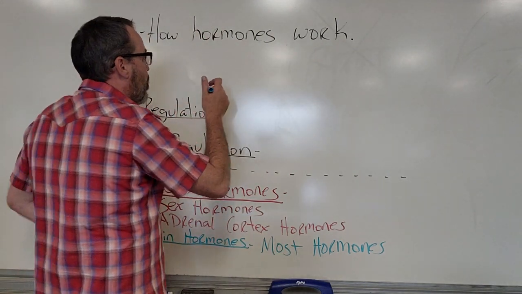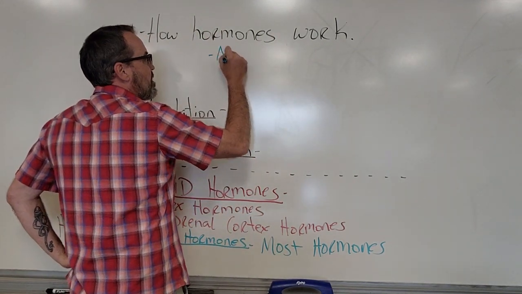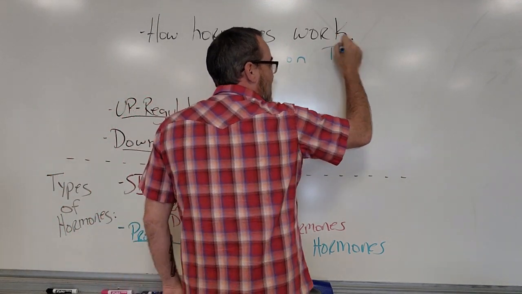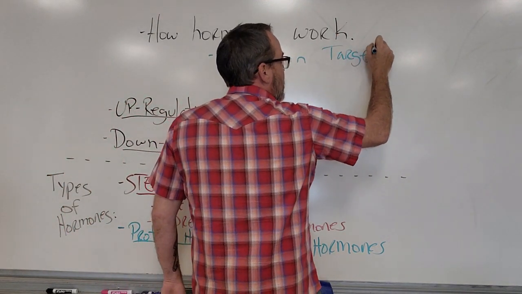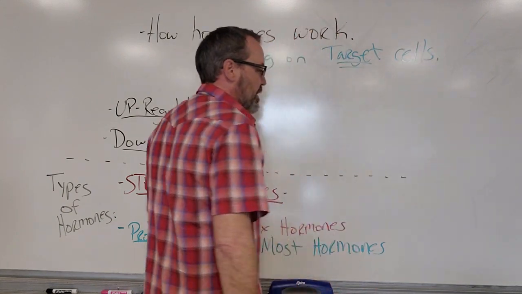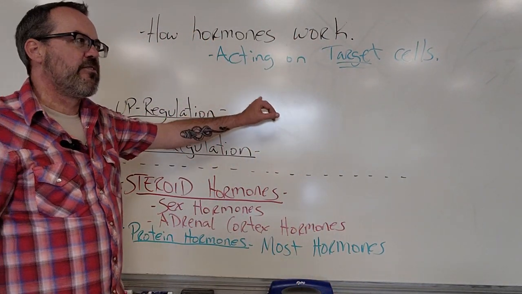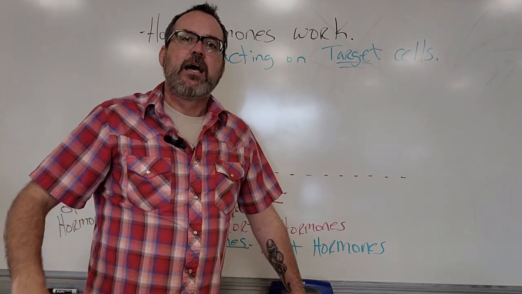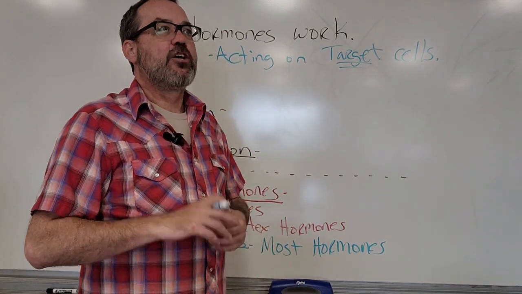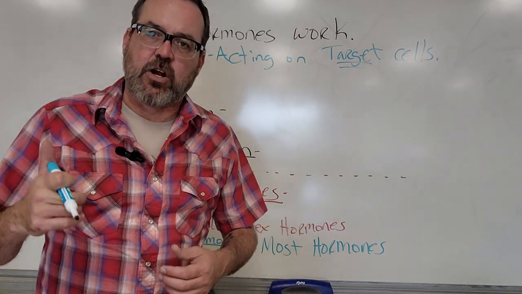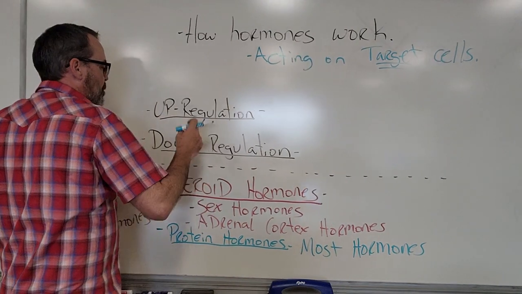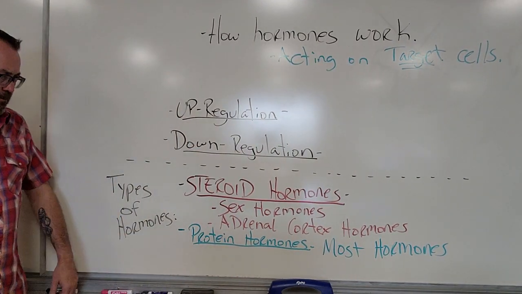So hormones work by acting on target cells, and that's really the big key here. They're not just wandering randomly throughout our body. They are looking for these specific cells. And our body can do a couple of things to help encourage hormones finding these target cells. We can control these hormones through the process of upregulation or downregulation.